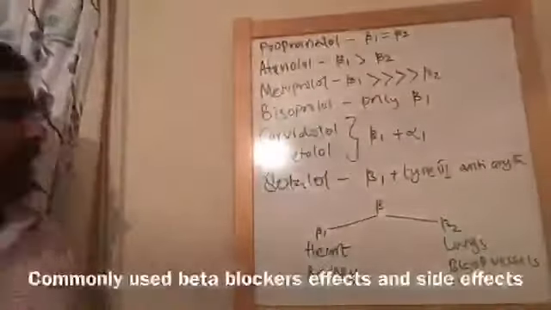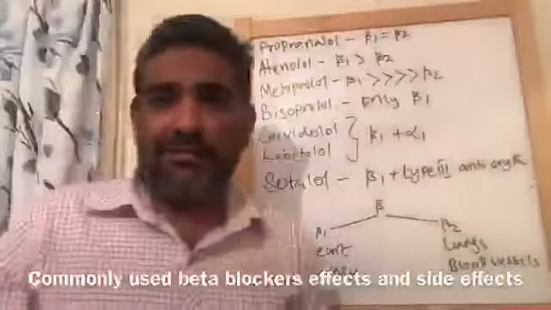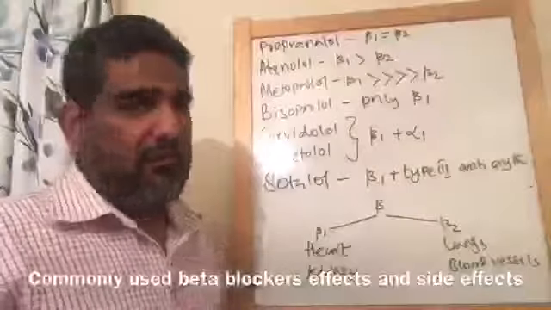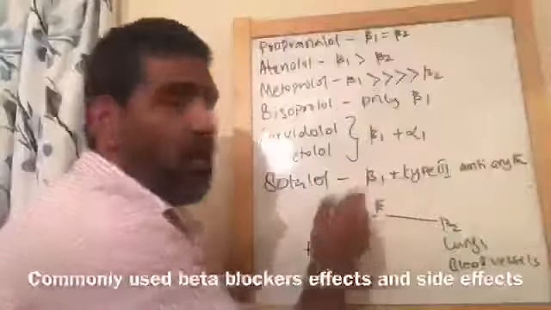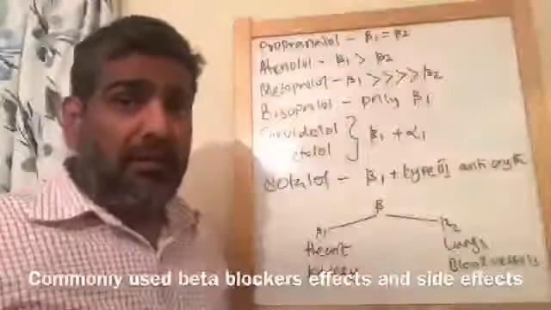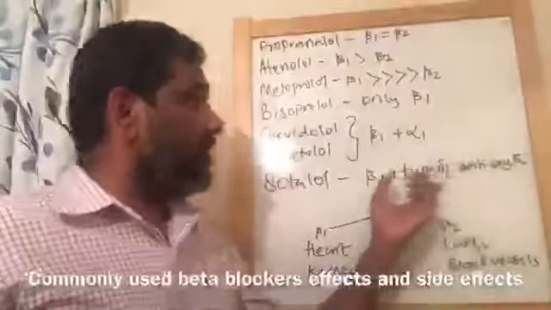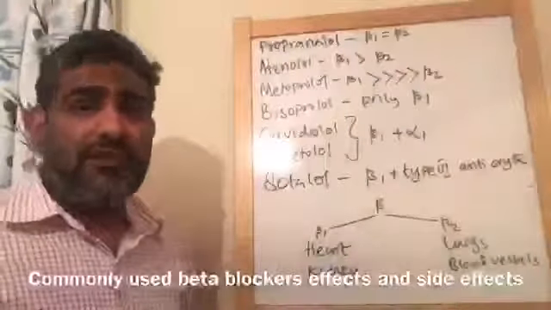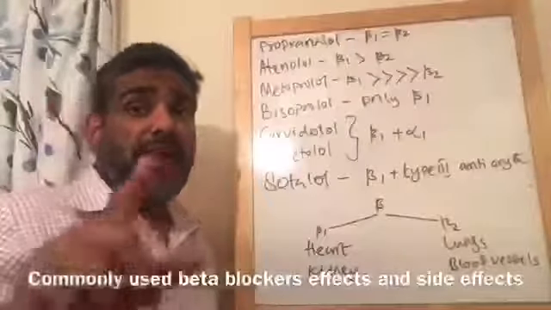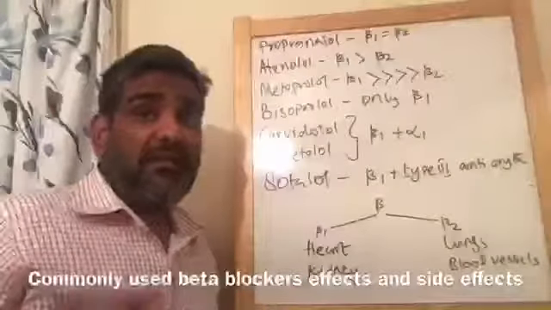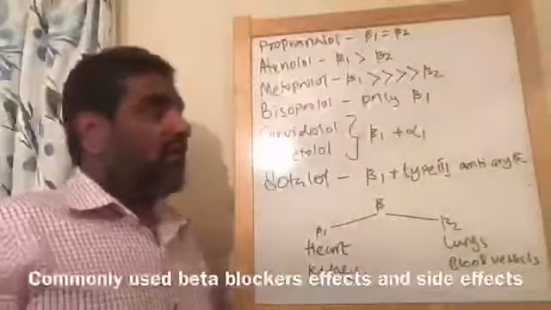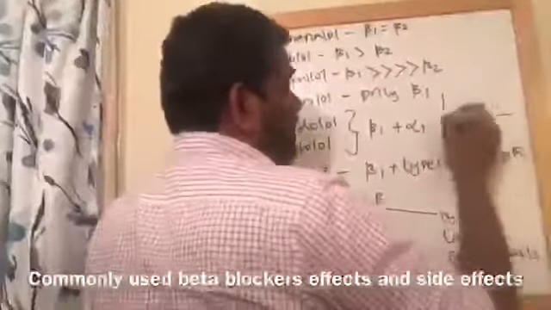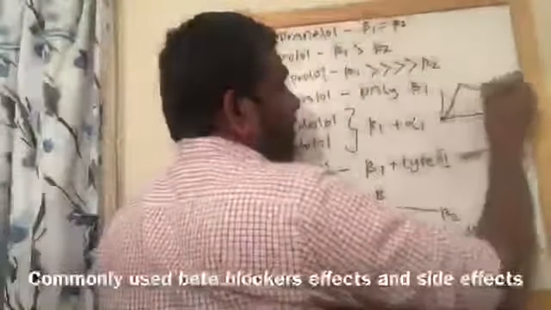Finally, sotalol. Sotalol is a different kind of medicine. It has beta 1 blocking effect, but it also has an anti-arrhythmic effect. It functions as a type 3 anti-arrhythmic medicine. As you all know, this is the cardiac muscle action potential.